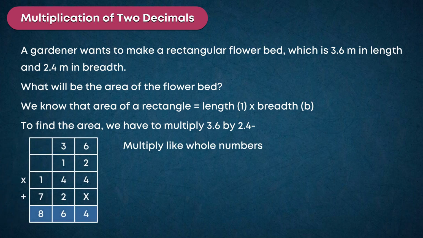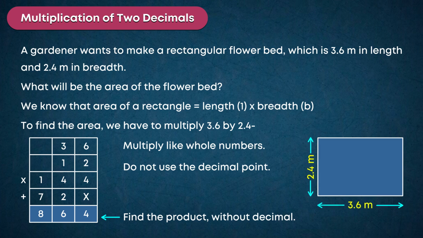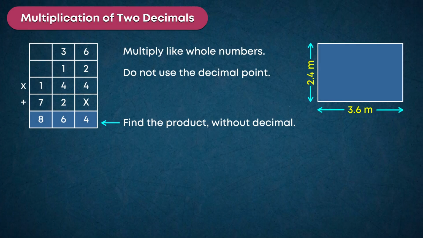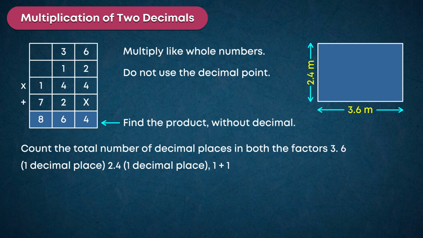Multiply like whole numbers. Do not use the decimal point. 36 into 24 is equal to 864. Find the product without decimal. Count the total number of decimal places in both the factors. 3.6 is 1 decimal place. 2.4 is 1 decimal place. 1 plus 1 is equal to 2 decimal places.